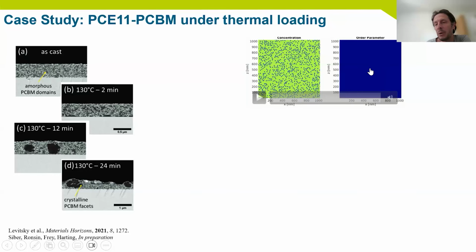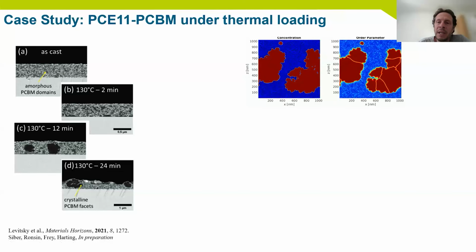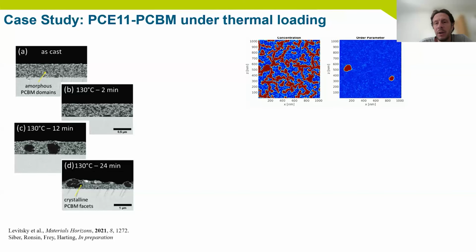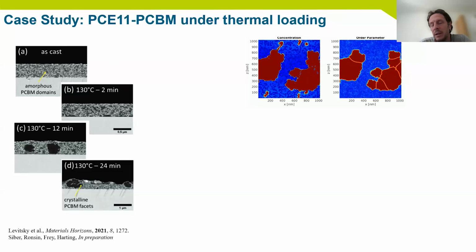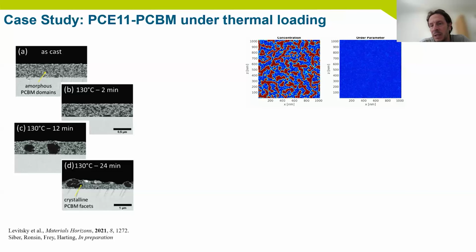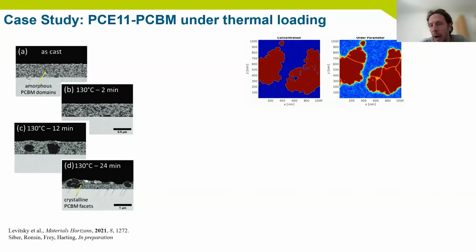You have a phase separation, some coarsening. After some point, you have crystals appearing, and then the phase separation in the amorphous phase vanishes. And you see that the shape of the crystals are this kind of beautiful roundish but rough shape somehow, which perfectly matches the observations.